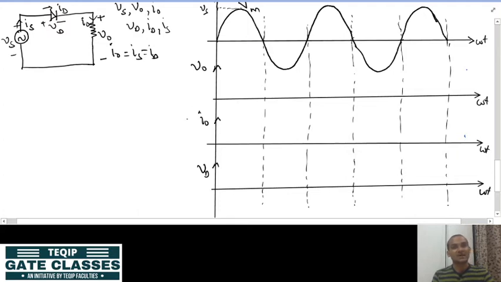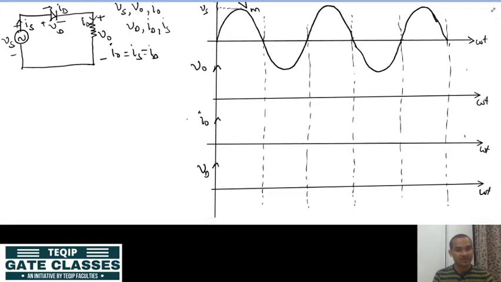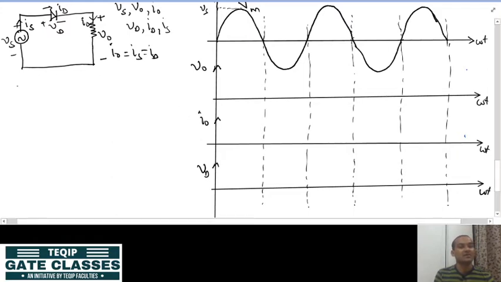So, now let us start with the first step of analysis of a power electronic circuit to draw its waveforms. We have to understand that we have to analyze a power electronic circuit instant wise. We do not take the circuit for the whole time period.